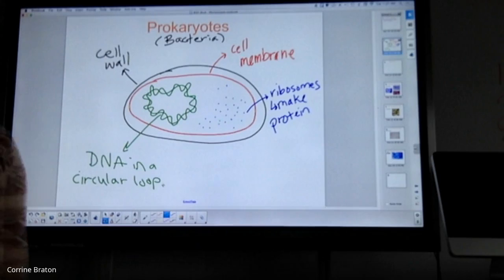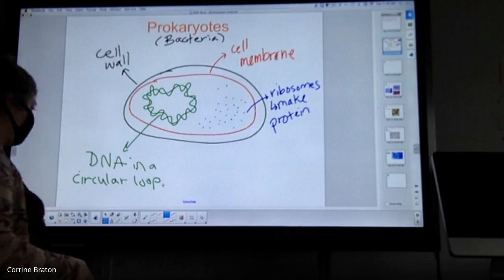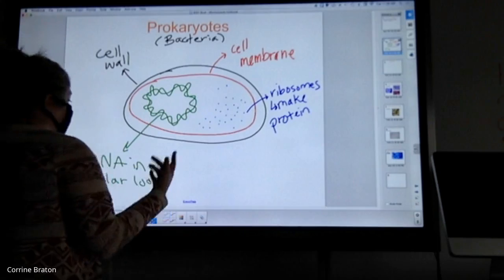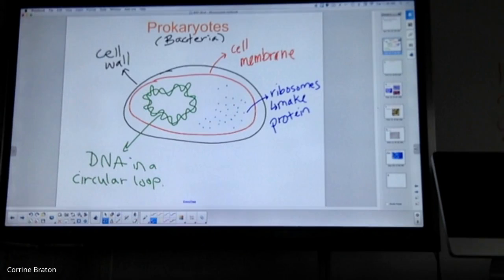Okay. And then the last thing they have is something to help them move around. So the DNA is actually in a circular shape. We have a bunch of different strings of DNA. They just have one loop of DNA.